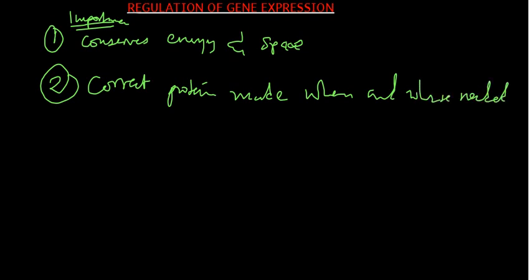We don't need to produce proteins every time. We only need to produce proteins when they are needed. And so that's why we need to regulate. We need to control how genes are expressed, how genes form gene products. So these are two important reasons that we need to understand. Well, in this video, we end here.